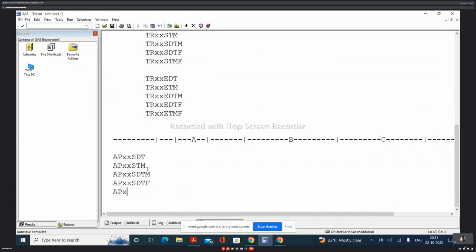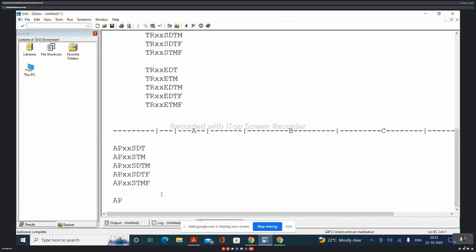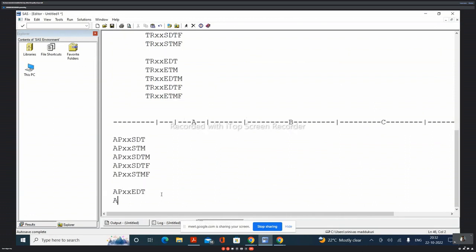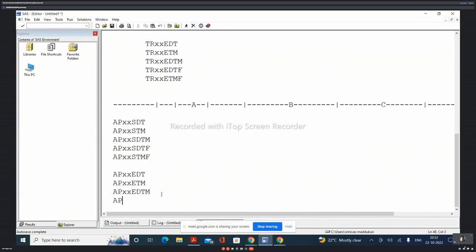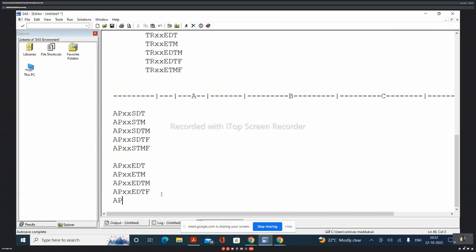Analysis period XX STMF, time imputation flag. Again, for each period we are getting the start dates. At the same time, for each period we should get the end date values. Analysis period XX EDT, analysis period XX EDM, then analysis period XX EDTM, then analysis period XX EDTF, then analysis period XX ETMF.